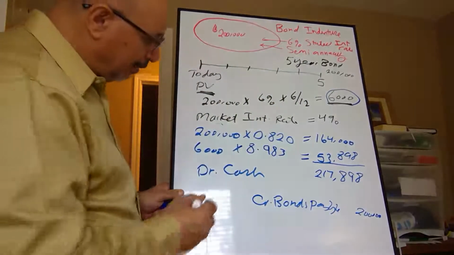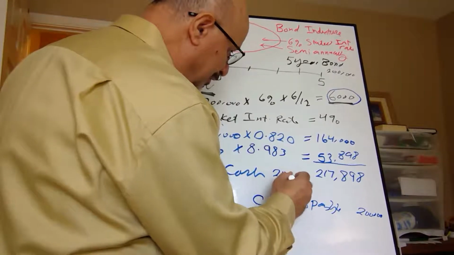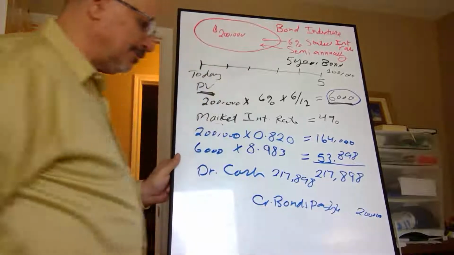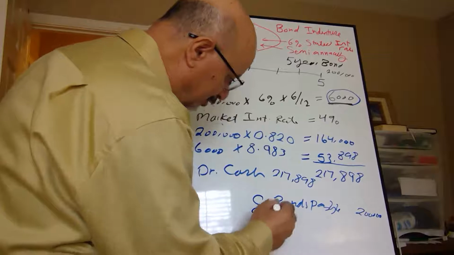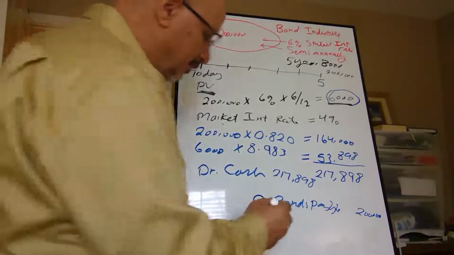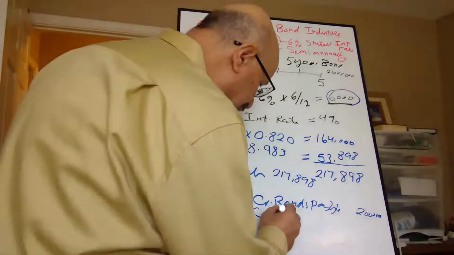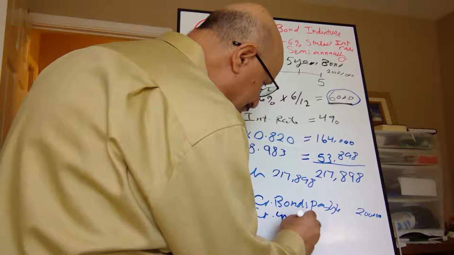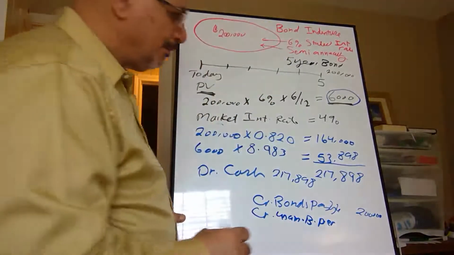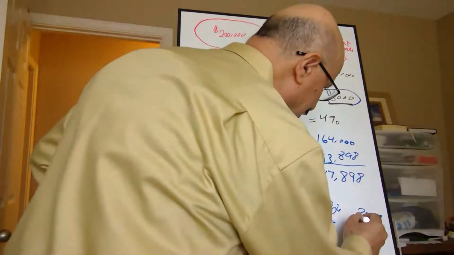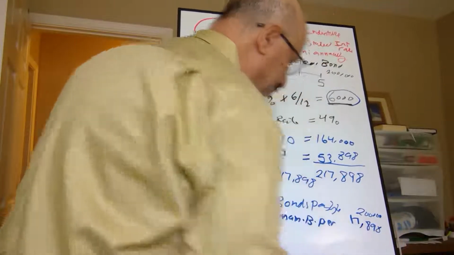To make the debit equal the credit, we credit unamortized bond premium for 17,898.